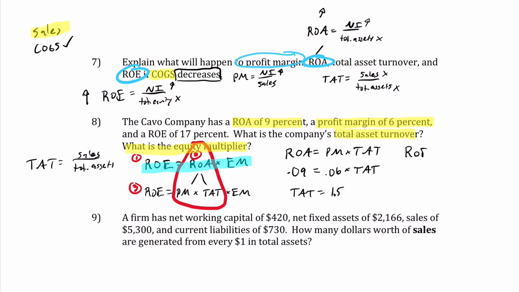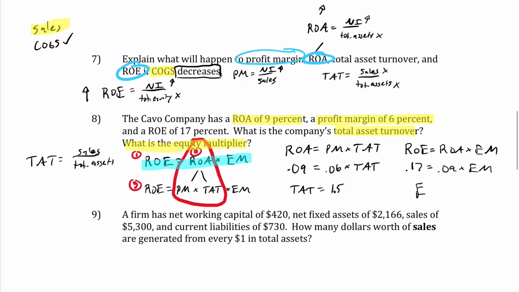So ROE is equal to ROA times the equity multiplier. They have given me ROE of 17%. They gave me ROA of 9%. I'm solving for the equity multiplier. Divide both sides by 0.09, and I get an equity multiplier value of 1.89. So they have $1.89 in assets per dollar of equity. The higher that value is, the more leveraged the company is.